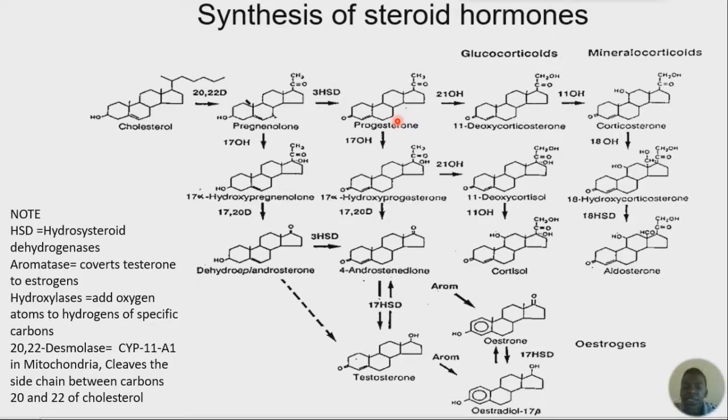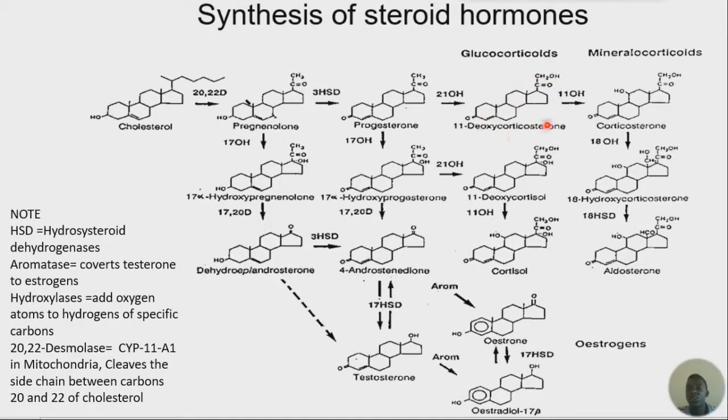It can give us cortisol, testosterone, and aldosterone. When we use the enzyme 21-hydroxylase, carbon 21 becomes hydroxylated, such that a methyl group becomes an alcohol.